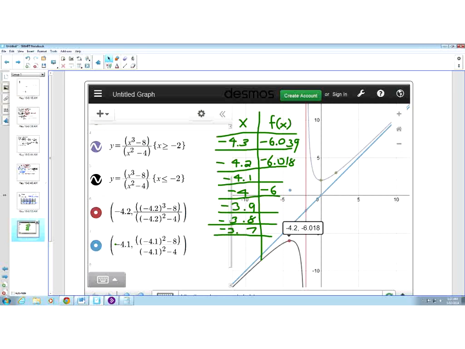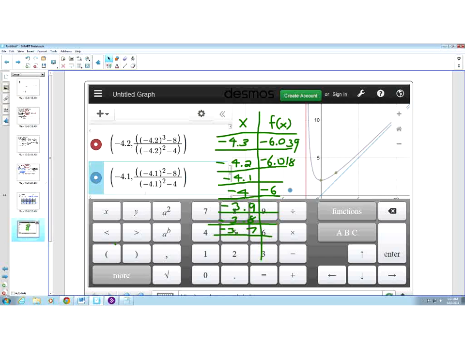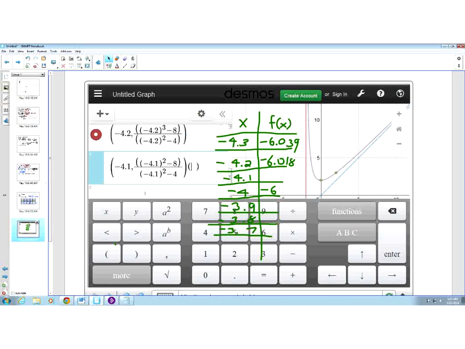Oh, I need to put parentheses around here. I think I have to put it in coordinate form.